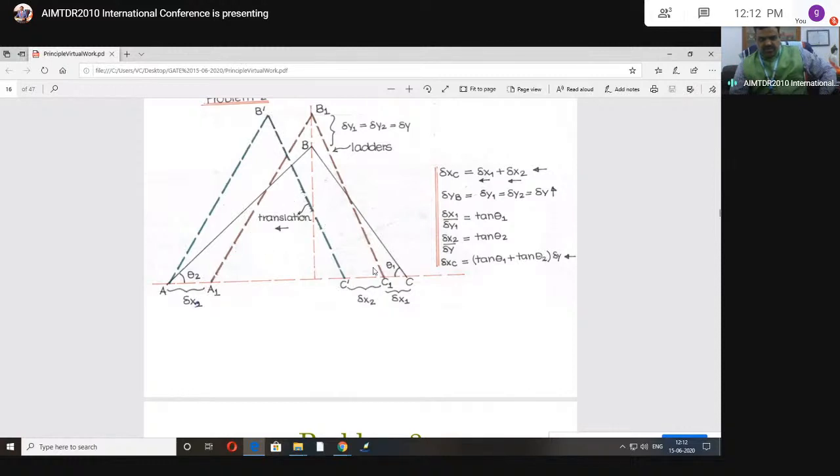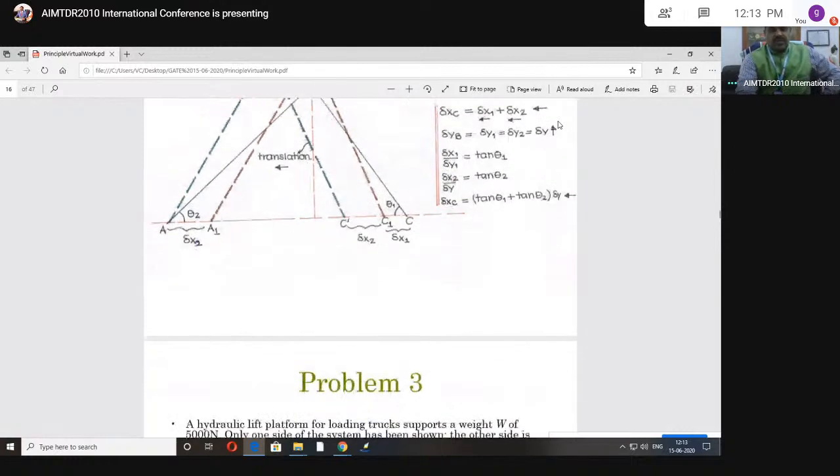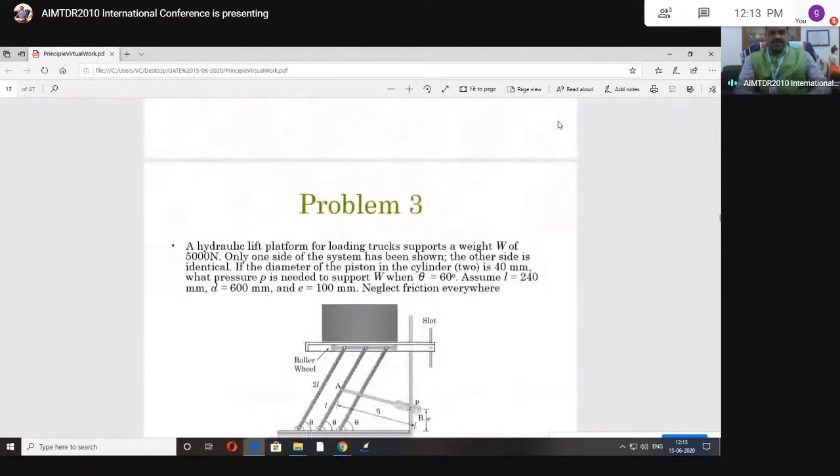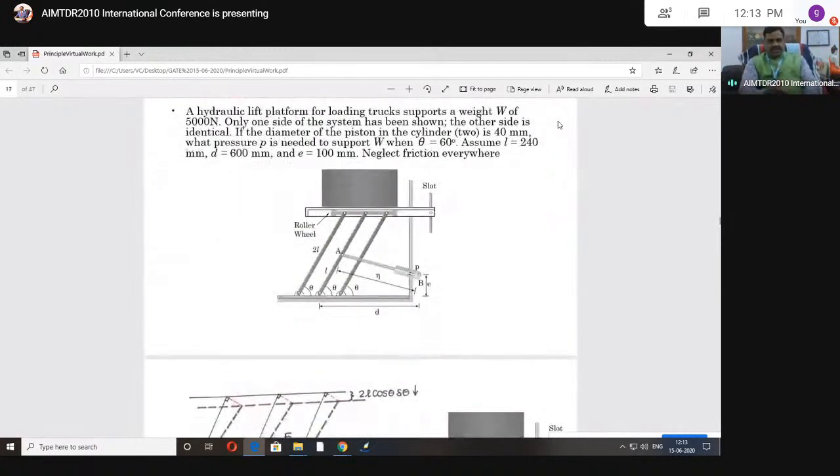Then the total displacement of C is delta x1, delta x2, this one and this one, or delta y, y1. Find out the C moment. Okay, the total ladder moment, because vertical is always the same everywhere. Horizontal only has a variation. Only I am representing the analogy. Now the remaining equation we can get similar to the earlier.